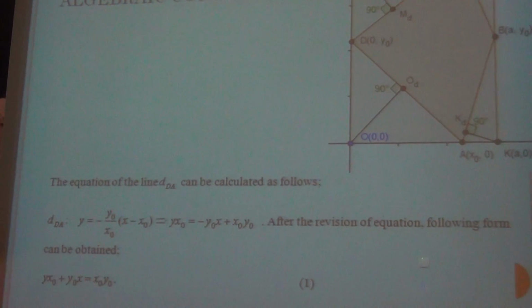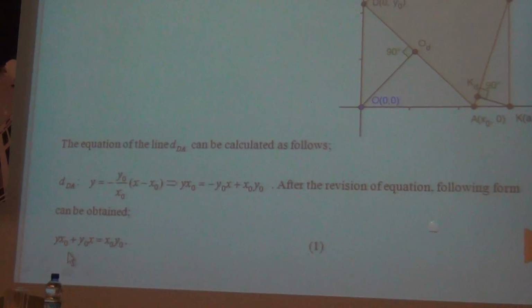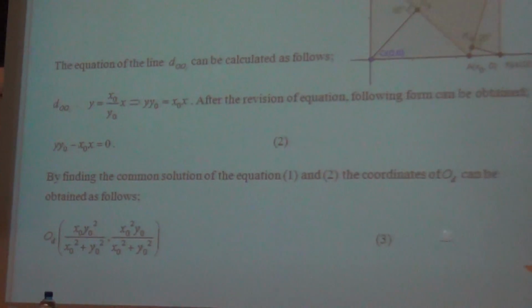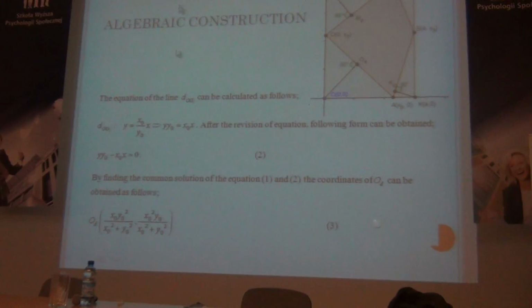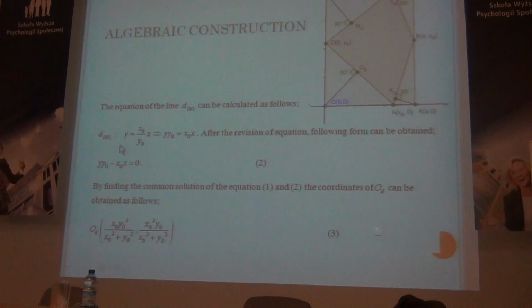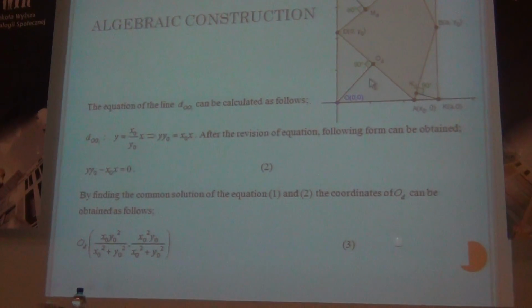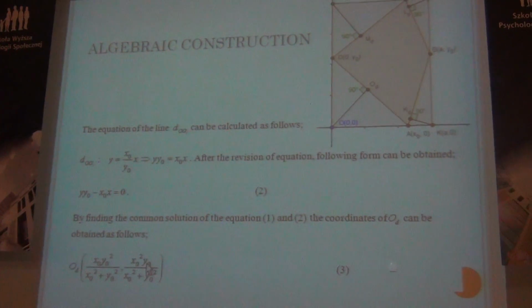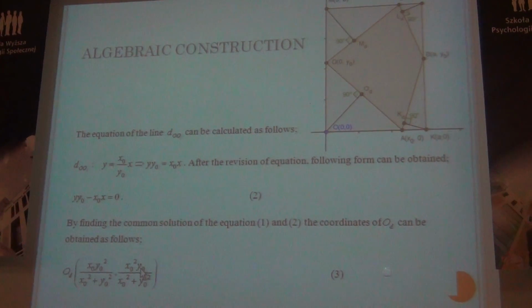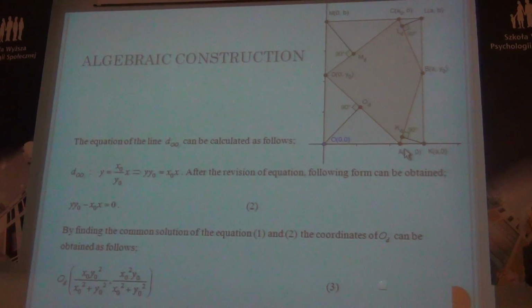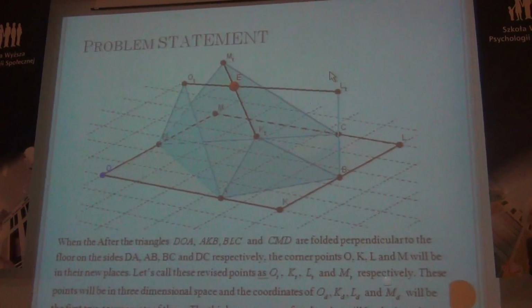We found the equation of D sub A, and after that the line D sub O sub D, and we determine this point. This point is the O sub D coordinates. I use the same method for the K sub D, L sub D, and M sub D points.